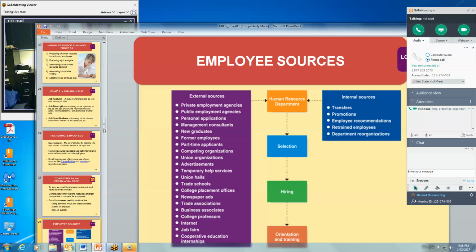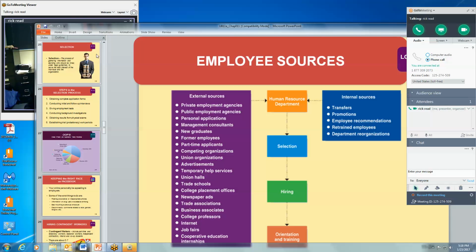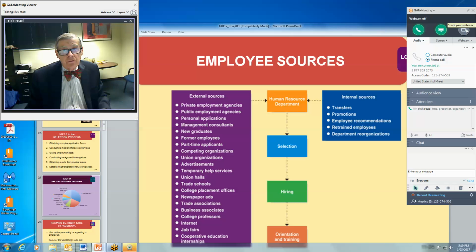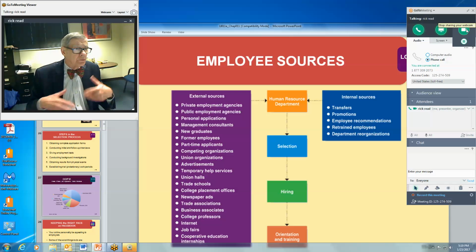So this just talks about employee sources, where you're going to find them, et cetera. And you can see this on your figure 11.4, excuse me, at the bottom of page 308. I'm not going to go through this because you can think about this. It doesn't take a lot of rocket science to figure out where you're going to find employees, what the pool is. So anyway, we found these people.